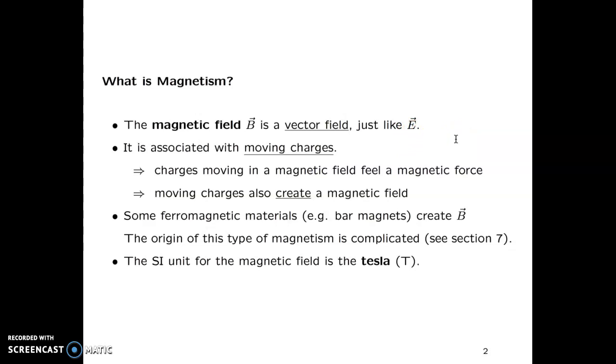And it's a vector field, like the electric field, in the sense that over some region of space in which the field is present, there is a unique vector, in this case a magnetic field vector, associated with every point in space over that region of space where the field is present. Okay, so if that sounds a little vague, it'll hopefully become a little clearer later through this lecture.